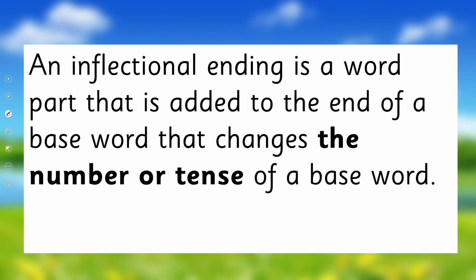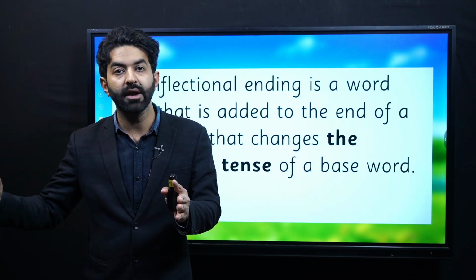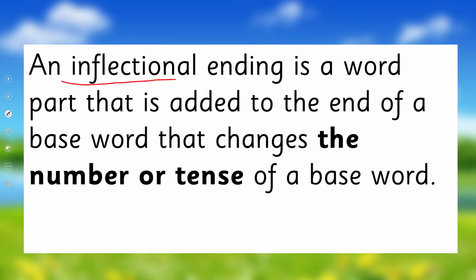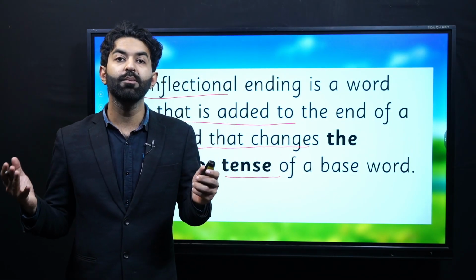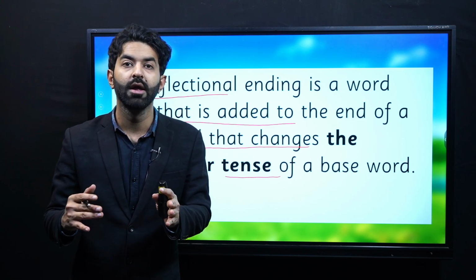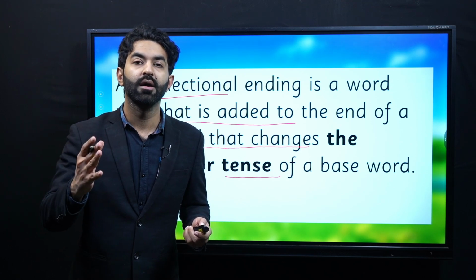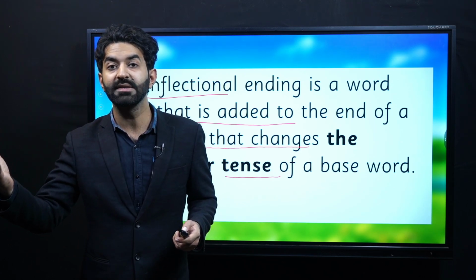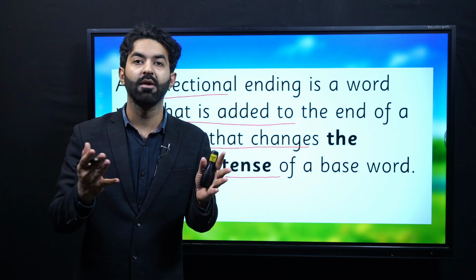Now, what we are talking about is inflection, word parts that we add at the end. An inflectional ending is a word part that is added to the end of the base word that changes the number or tense of a base word. For example, if you add s or es to any singular noun, that is what we call inflectional words. So boy, and if we add s after it, that becomes boys. So boys and boy.